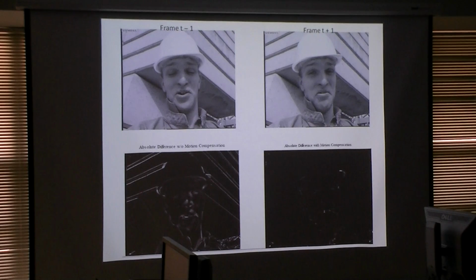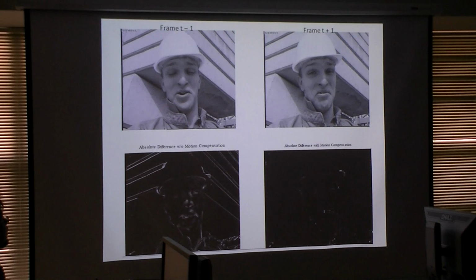Now I will show you the pixel-wise absolute difference between the two adjacent frames with and without motion compensation. We can see here on the upper left-hand side is frame t minus 1 and the right side is frame t plus 1.